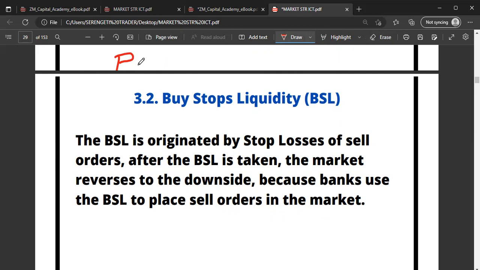So when something is at a very high cost, that is the best time to sell, is it? But it is not the best time to buy, is it? So what is the best time to buy? It is during discount price, is it? So we usually say premium price is for selling, and discount price is for buying.